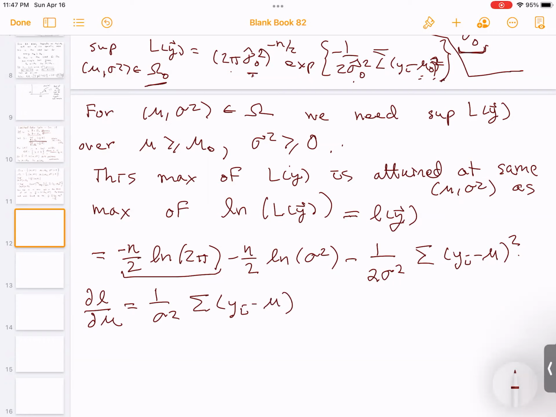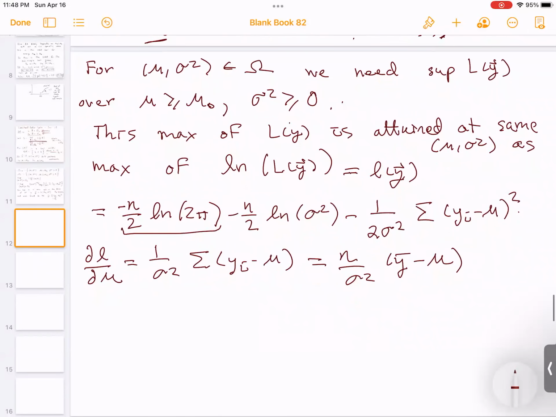I can write this a little more compactly, like n over sigma squared times y bar minus mu. So that's the derivative with respect to mu.